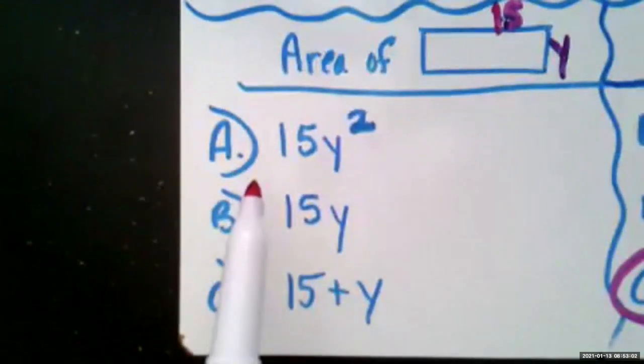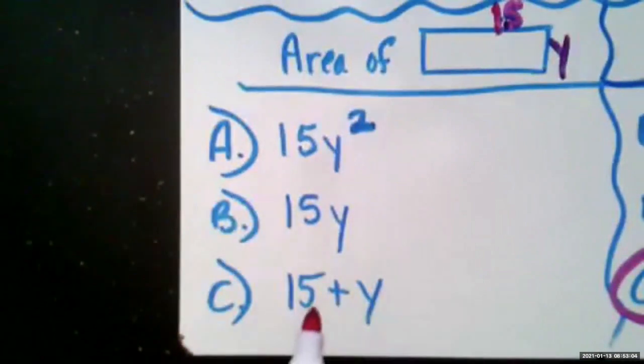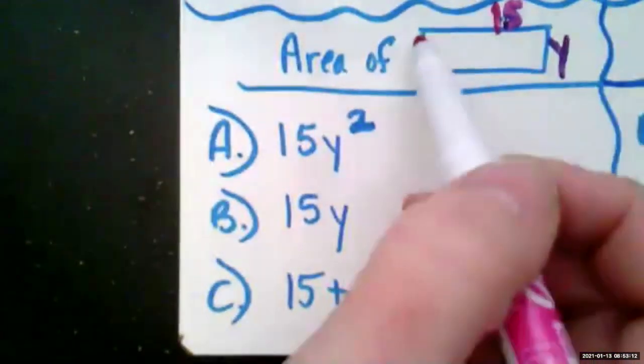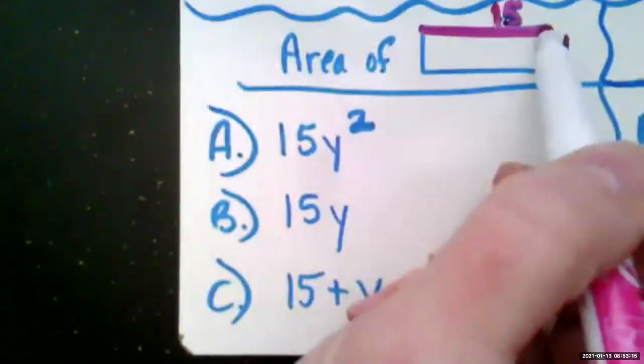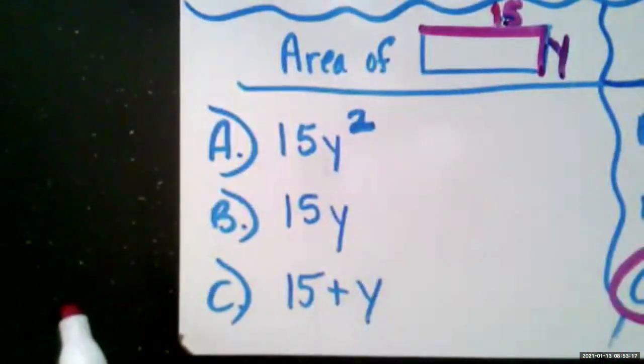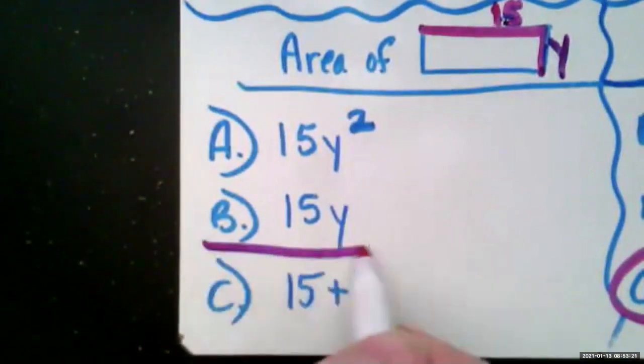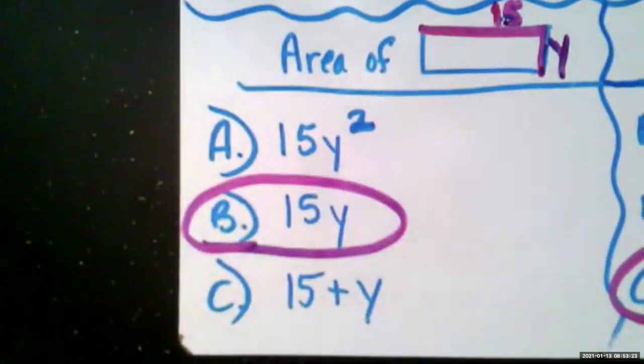It's not a perfect square, so you don't need any exponents. All you have to do is take side times side. So 15 times y. Yes, B is the correct answer. You got 15y, expressed by simple multiplication for the area of a rectangle. Okay.